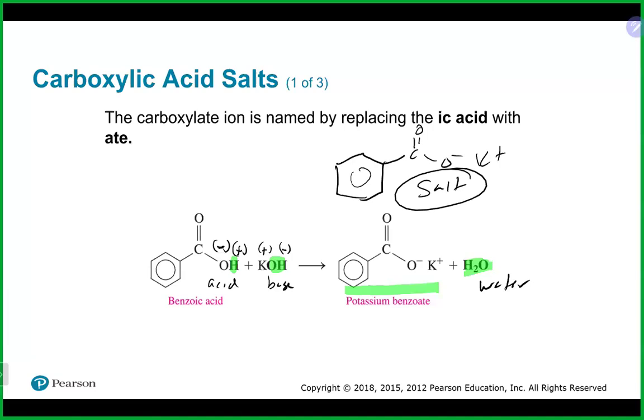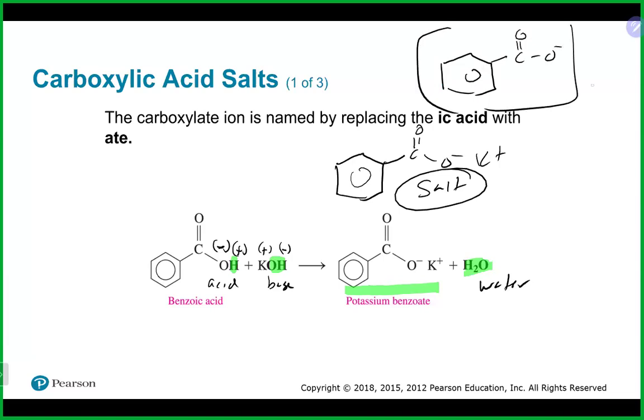So carboxylic acids, because they are acids, could just do an acid-base reaction, just like we saw in that previous chapter. Any questions on that? Yeah. Correct. So this entire thing has a -1 charge.